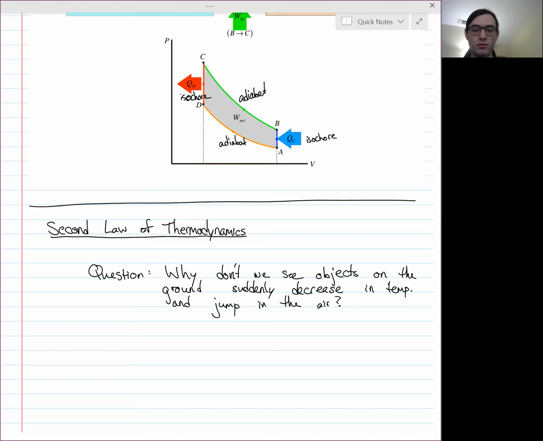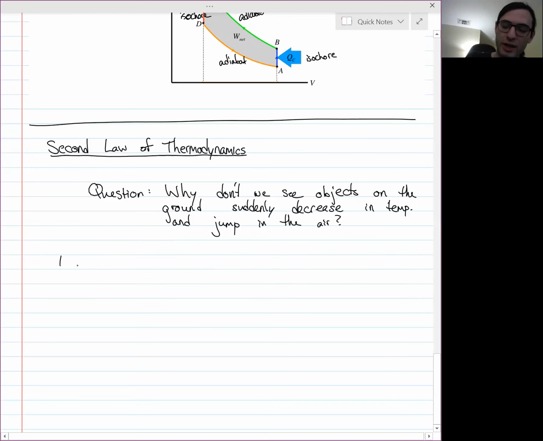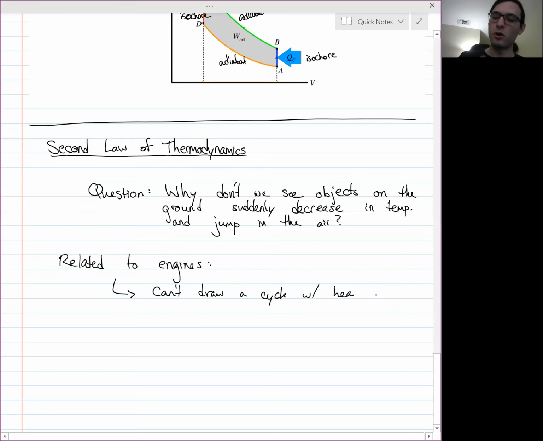It turns out that the reason this doesn't happen is actually related to engines. In a sense, it's the same reason we can't draw a cycle with heat only coming in and work exiting.